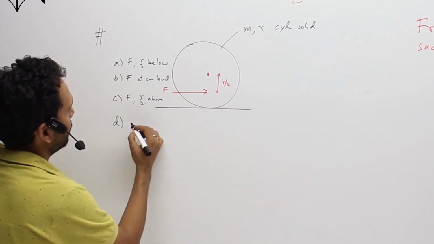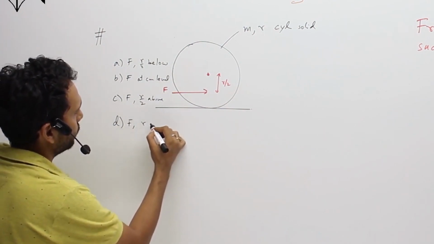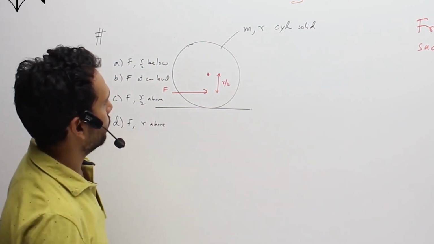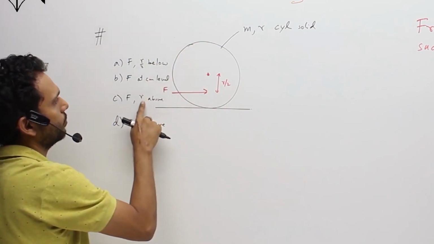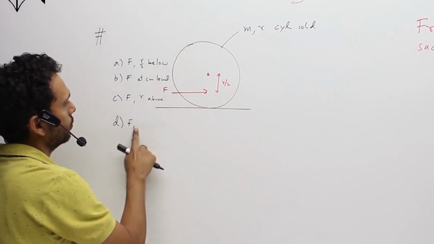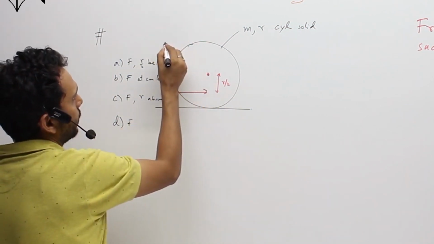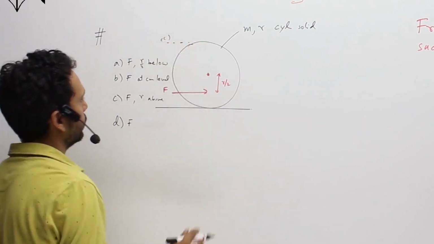Case D is it is acting r above CM. In fact, make case C as r above CM. Case C is your F is acting, that's your case C, F is acting here, r above CM.